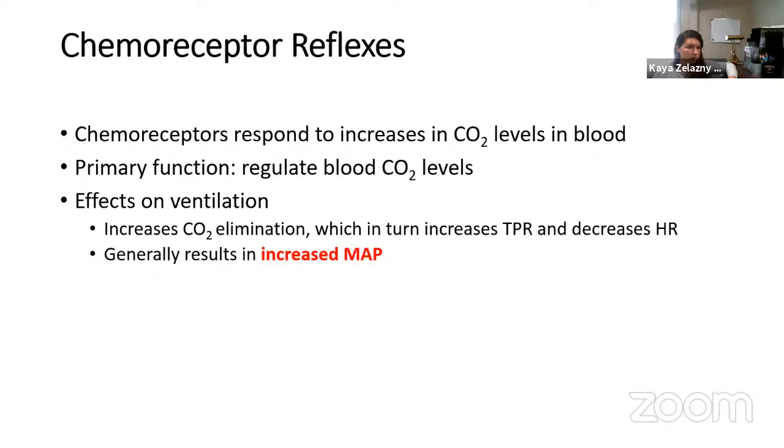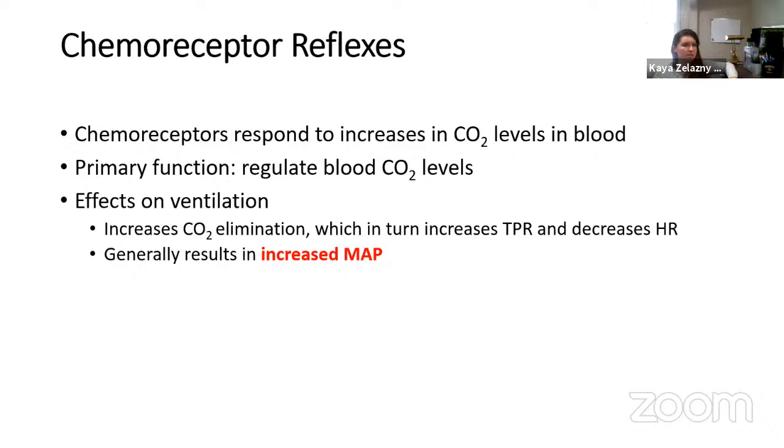So your body has a bunch of mechanisms it uses to regulate blood levels of carbon dioxide that do affect your cardiovascular system and your blood pressure. Basically, your body is trying to increase carbon dioxide elimination, so to get rid of carbon dioxide if you have too much. And we'll talk about why that's really important as we move forward.